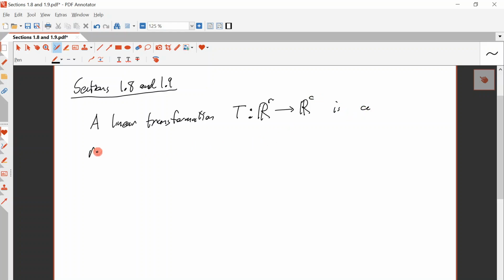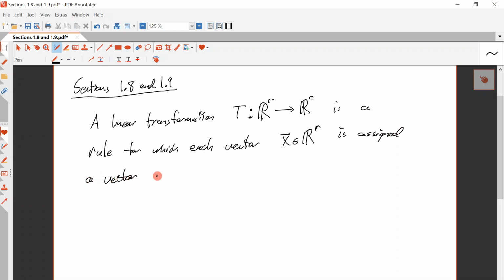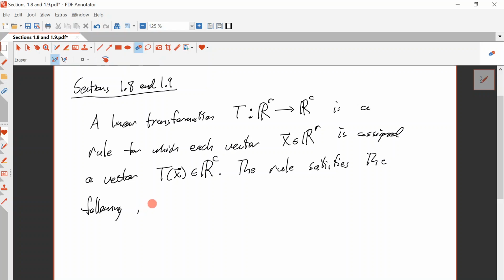It is a rule for which each vector x in R^c is assigned a vector T(x) in R^r, and the rule satisfies the following two properties.